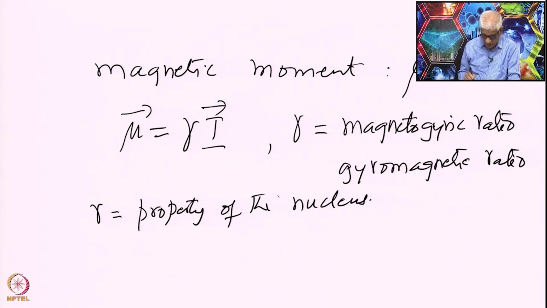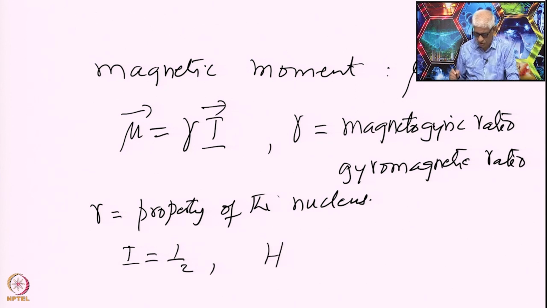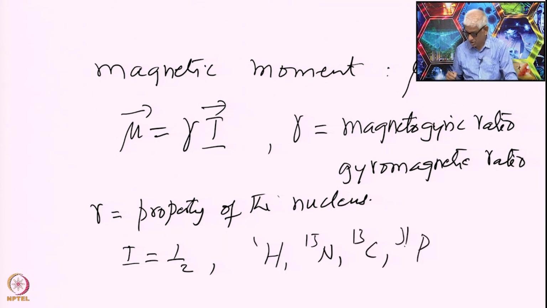For example, I is equal to half. How many nuclei are possible here? You have a large number of possibilities. I will give you the rules for that. For instance, you have proton, nitrogen 15, carbon 13, phosphorus 31, all of these have I equal to half, but they have different magnetic moments, and that is because the magnetogyric ratio gamma is different.